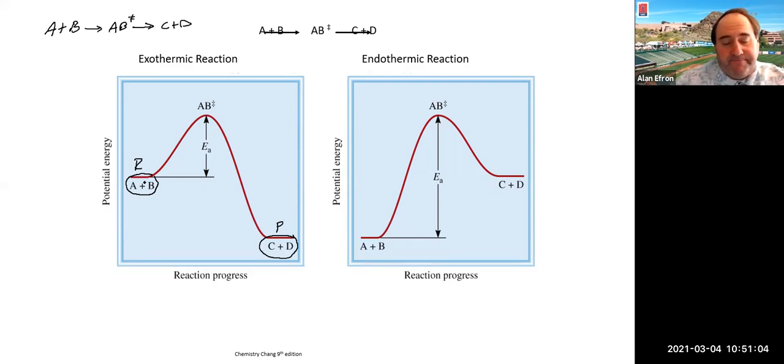The reactants have to climb this hill to get to the other side. As they're doing that, the reactants are starting to break all their bonds, and as they get up here, they're starting to make some bonds. And then hopefully they transition downward to our products.